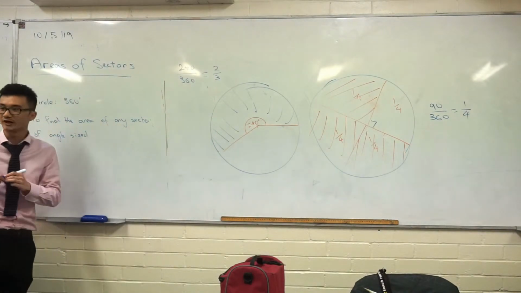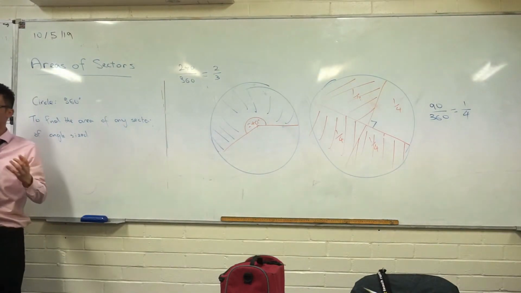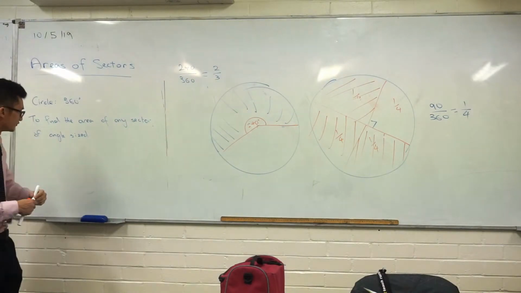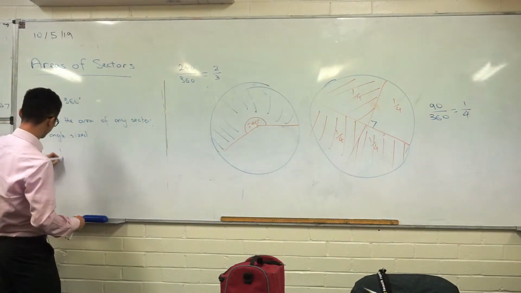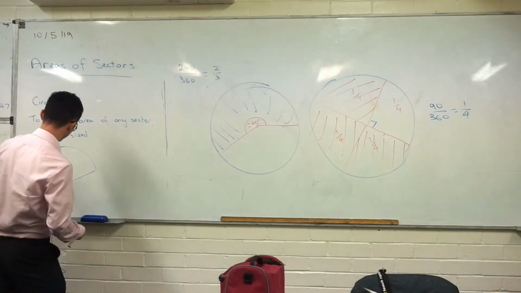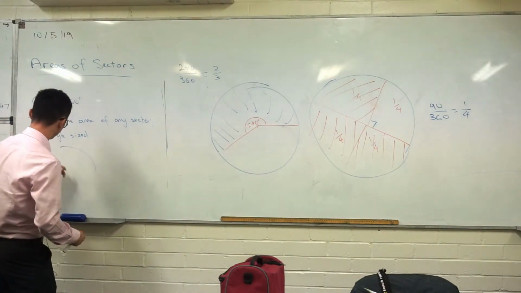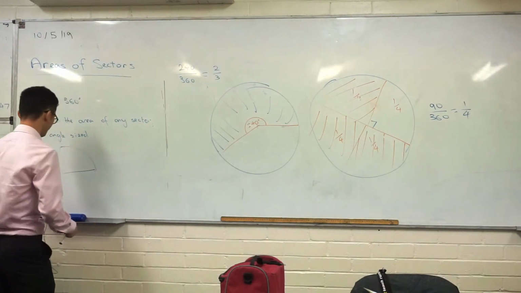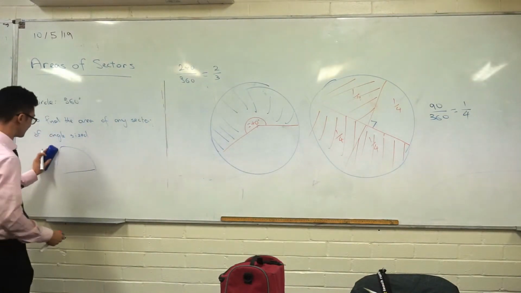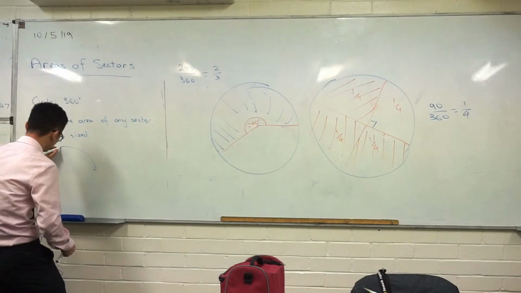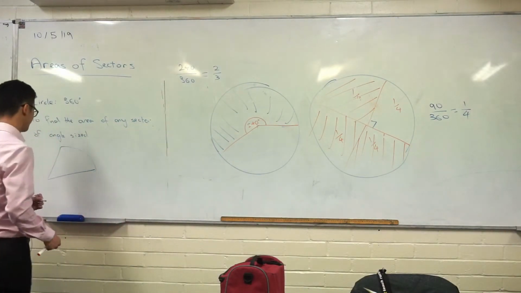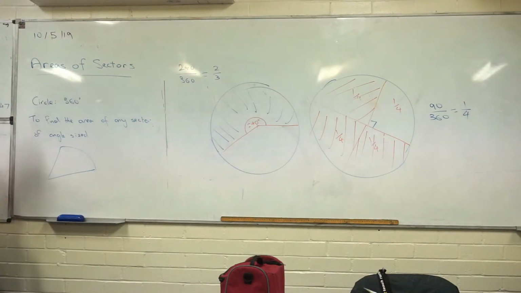Now, when we're talking about unknown angles, we actually use a particular symbol. I'm not sure if you guys have seen this before, but let's take this as my sector here. That looks a bit too much like a right angle. Let's take this one. There we go, that's a bit better.